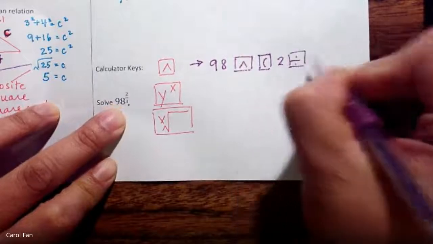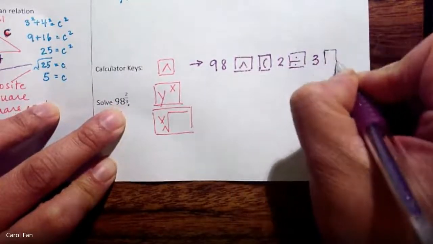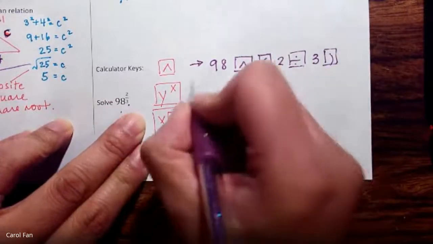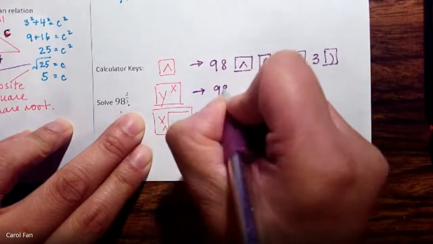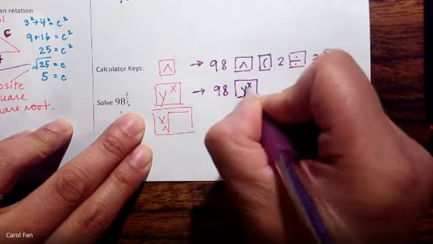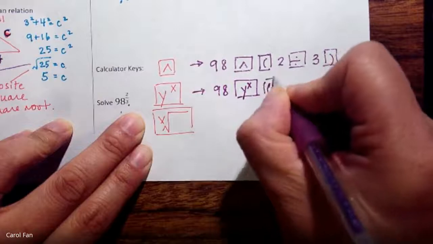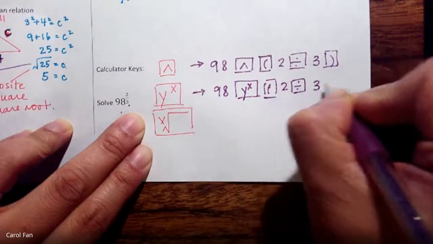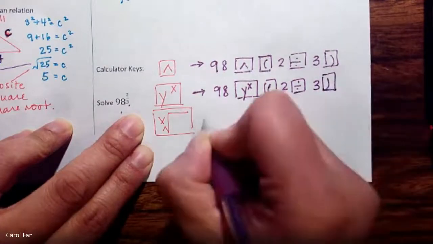So 2 divided by 3 and close bracket. If we're using this one, I would do exactly the same thing, except instead of using that exponent button, it would be y to the power x, bracket 2 divided by 3, close bracket.